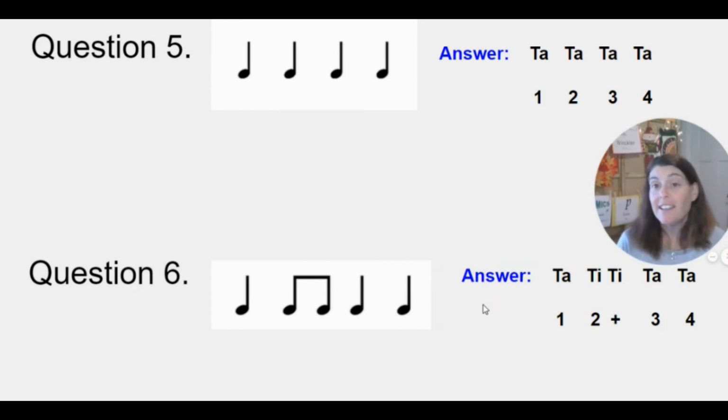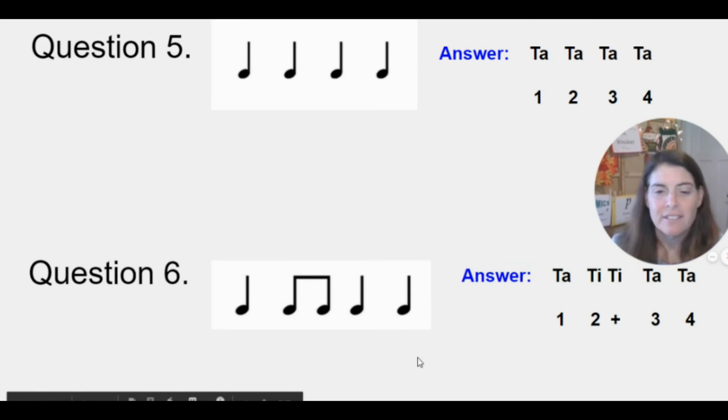If you said ta, ti, ti, ta, ta, rock stars. Or 1, 2, and 3, 4. Awesome. If you clapped it, 2 points. Good job, guys. Hope you're getting 100.